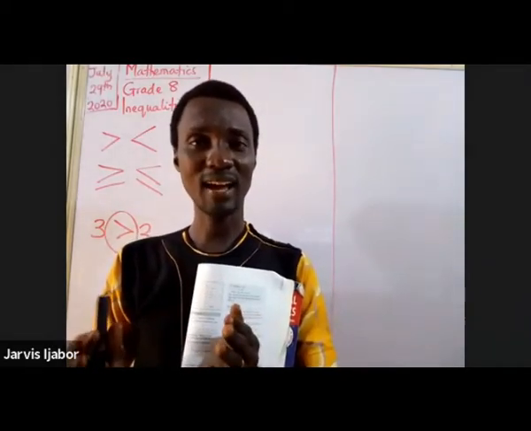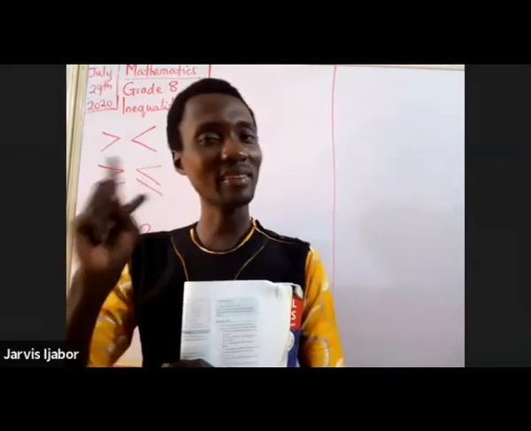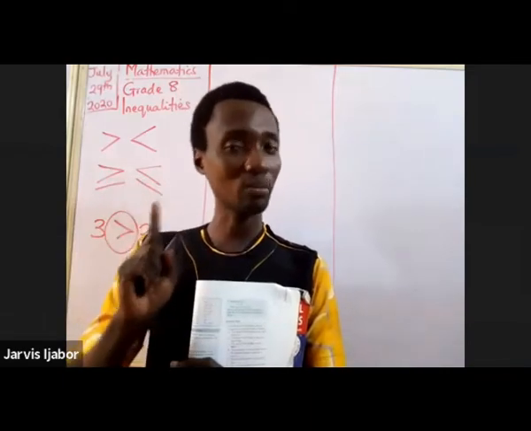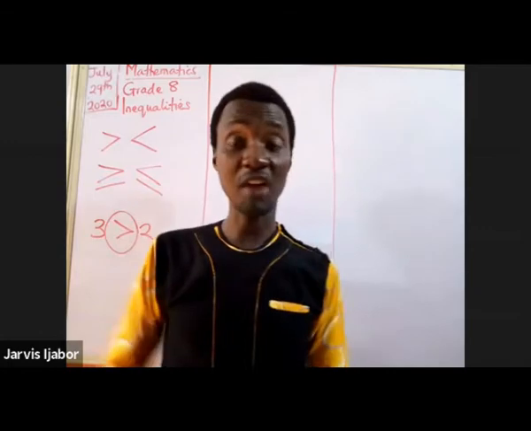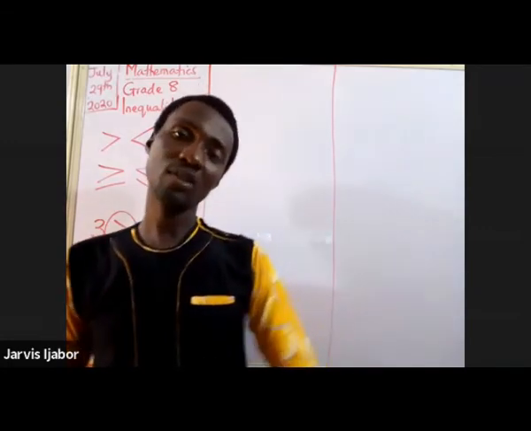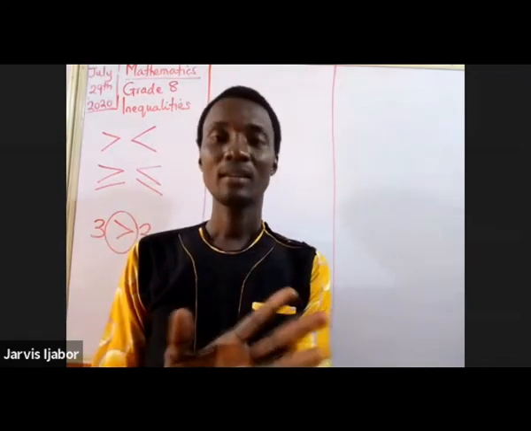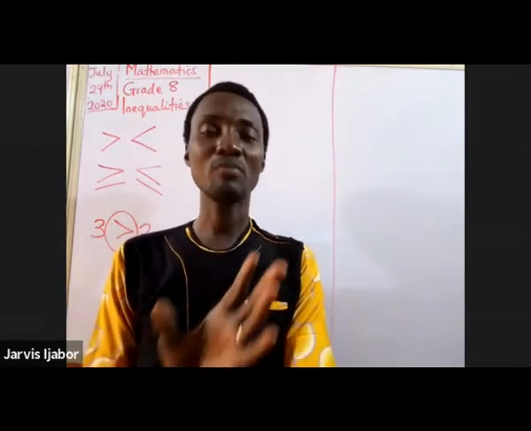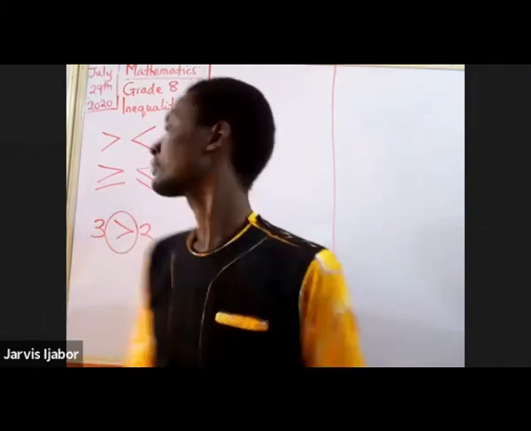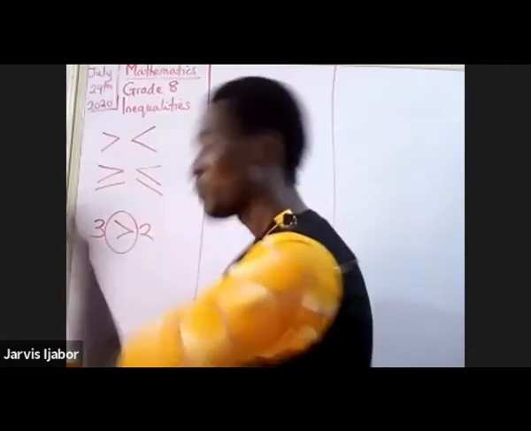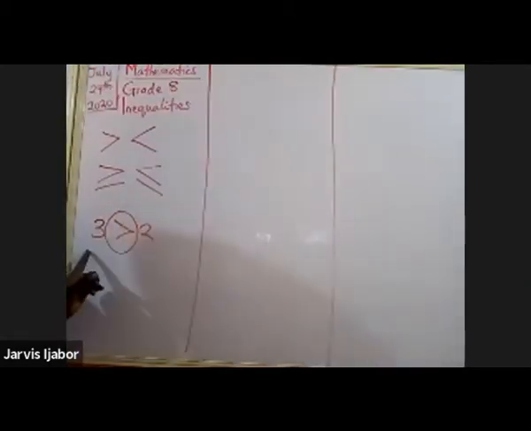Do you understand? Let me first of all start by clearing your mentality from what you were taught before now. Am I saying that what you learned before was wrong? No, very correct. But I always like where you have a free mind, and you make your decisions based on the problem in hand. 3 is bigger than 2, is that not? 2 is less than 3.